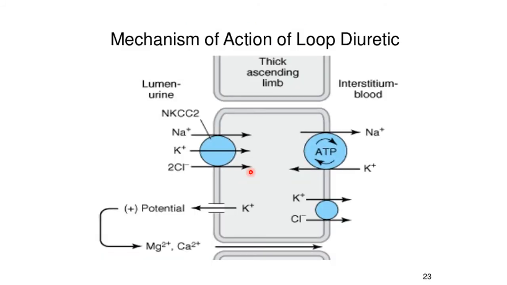Now we will see. You can see here loop diuretics act on the thick ascending loop of Henle. They block the sodium, potassium and two chlorides importer. As a result, all three along with water will be lost in the urine. Moreover, because of this importer, there was a positive potential. This positive potential causes magnesium and calcium to come into the blood.